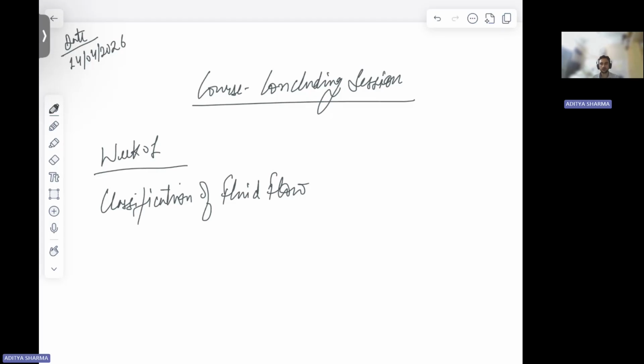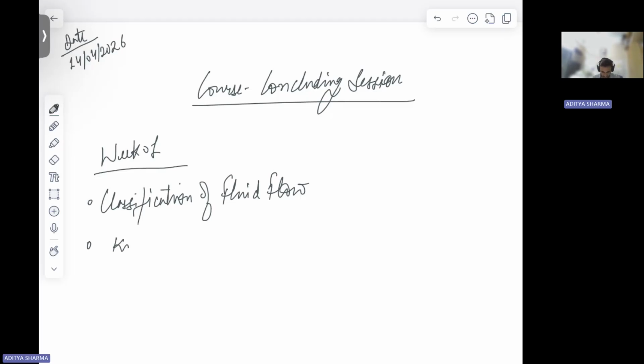And because we are studying compressible flows, that is the reason why this has been introduced here. So which fluid can we call as continuum?